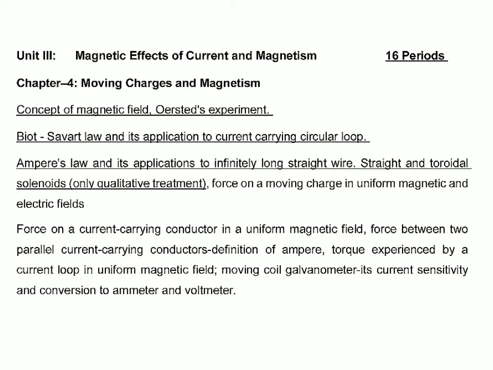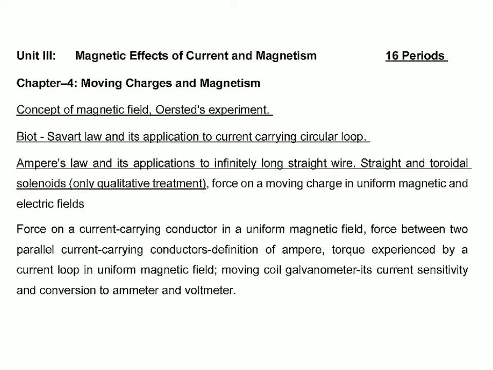And we shall learn two laws, which are called Biot-Savart Law and Ampere's Law. These laws can be used to find the magnitude of the magnetic field at any point due to a current carrying conductor. So in this lecture, we shall cover these two laws.